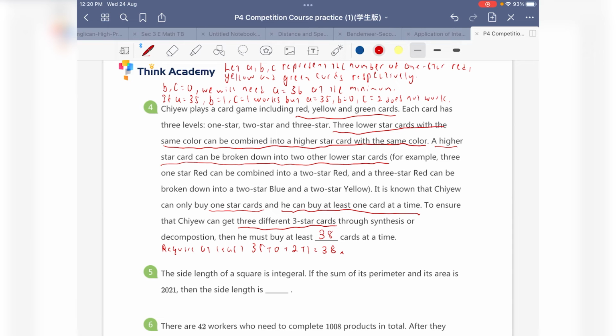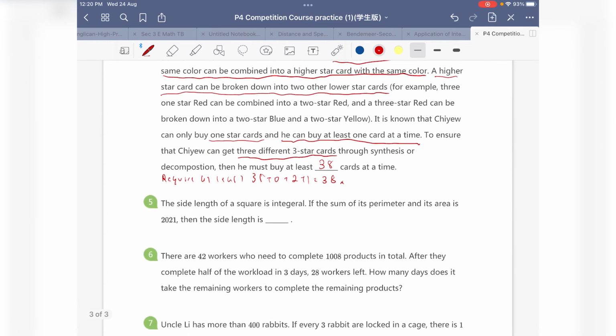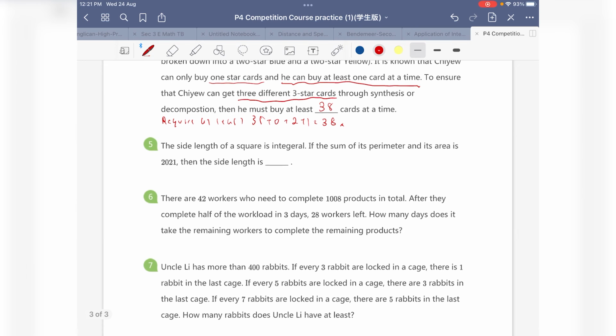Now, let's take a look at the next question, which is question 5. The side length of a square is integral, right, which is an integer. Now, if the sum of its perimeter and its area is 2021, then what is the side length?